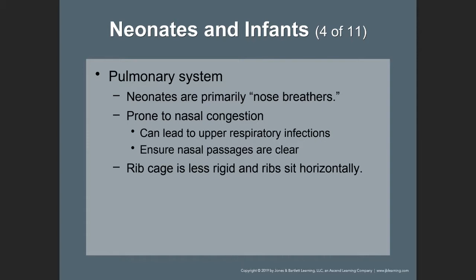They are prone to nasal congestion, which can lead to upper respiratory tract infections, and the goal is going to be to ensure that the nasal passage is clear. Their rib cage is less rigid, and the ribs sit horizontally, so they have a pliable rib cage.